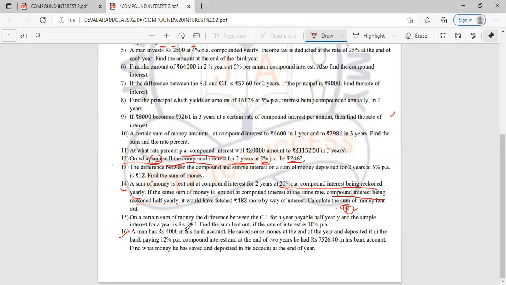And similar will be the process of solving this question. So now let's discuss it. So we read the question again.